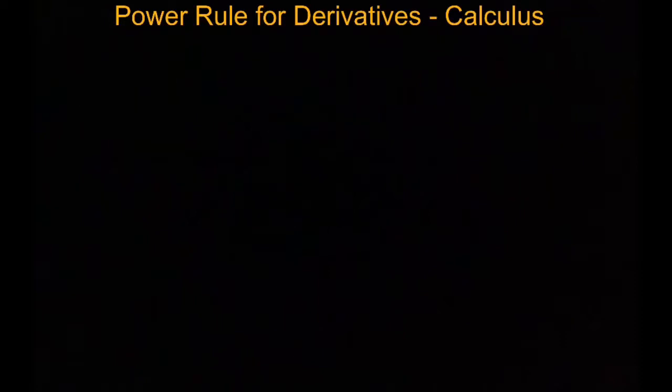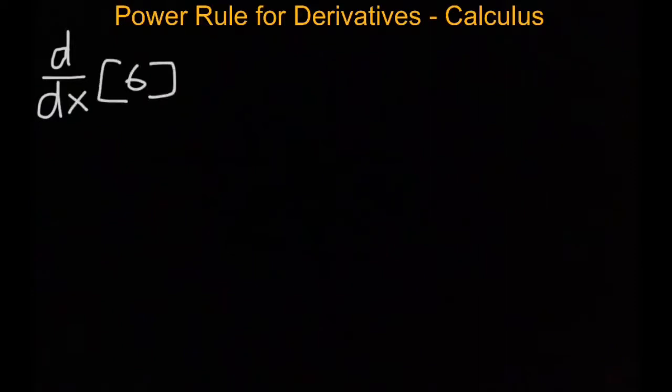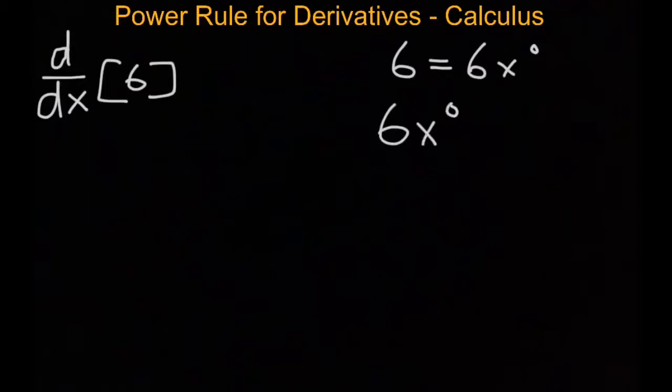Now, let's go over a simple rule on how to get the derivative of a constant. The simple answer to this is the derivative of any constant is simply 0. Here's an explanation using the power rule. So let's find the derivative of 6. So 6 is equal to 6 times x to the power of 0. So let's use 6x to the power of 0 for this demonstration. So let's find the derivative of 6x to the power of 0.